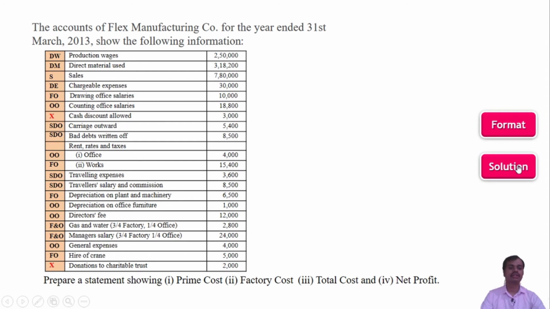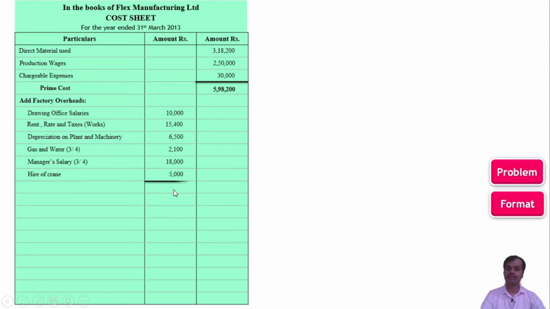Now we will make a total of this, and that total is 57,000, and this 57,000 we will add in 5,98,200. Then we will get factory cost or works cost, that is 6,55,200. I hope you understand the steps of cost sheet.